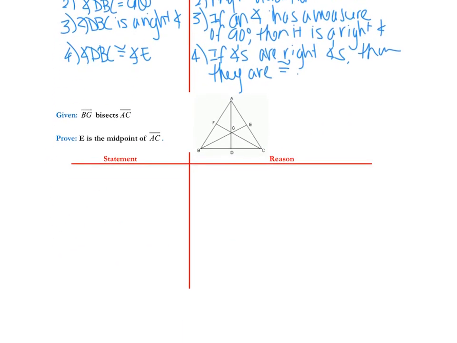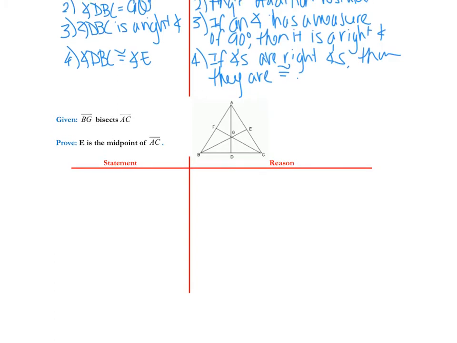Okay. All right, I'm going to go ahead and do the next example with you guys. So it says ray BG bisects segment AC. So we're going to go ahead and write that down as they're given. And I'm going to go ahead and draw that in so I know where BG is also. So BG, now notice that the ray is on G, so this continues.